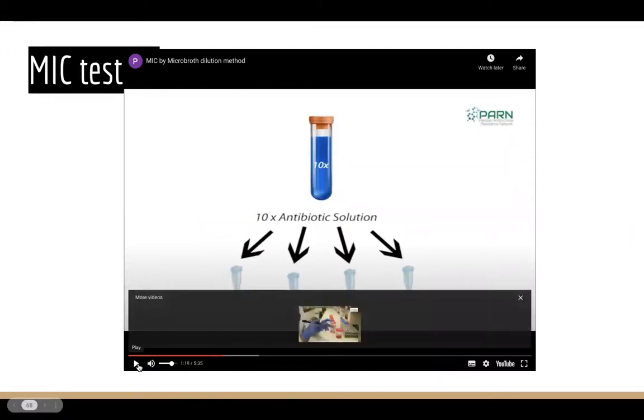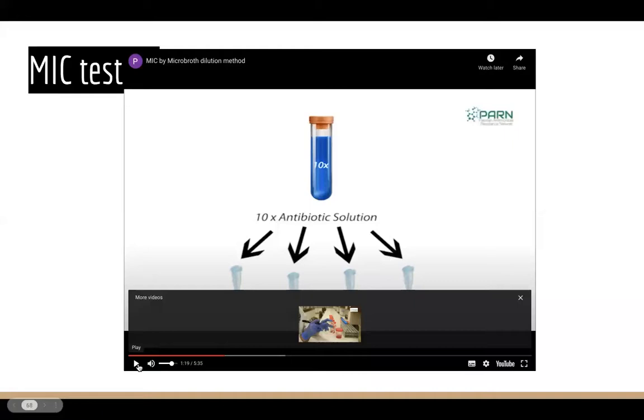Yeah, so what we do is a serial dilution of your sample. You start at 10 times the maximum concentration, and then you reduce that with a set of ready-made cultures with no antibiotics which haven't been inoculated yet.